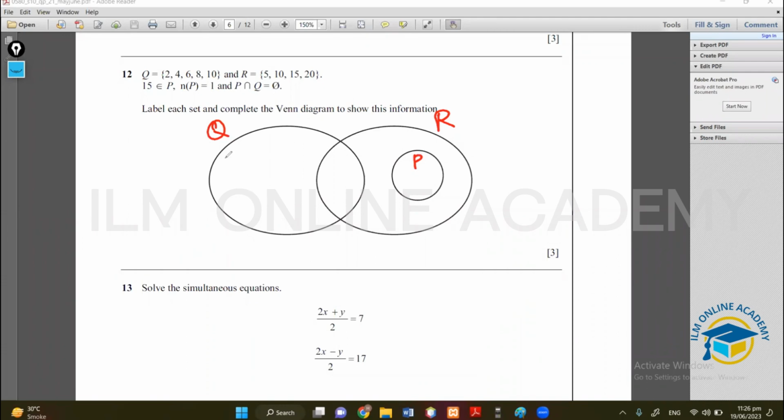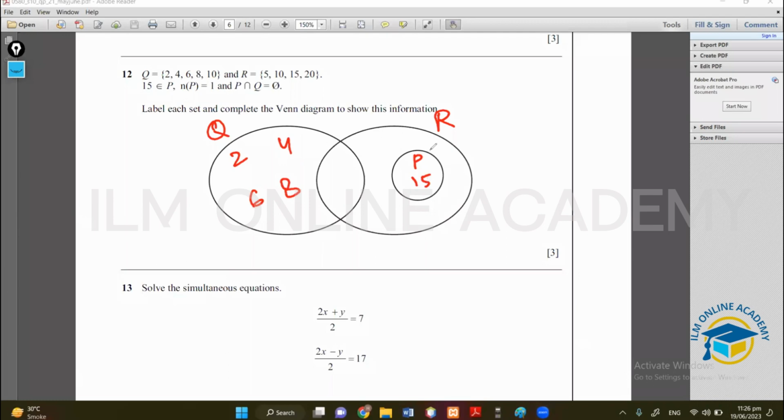Okay, so Q has elements 2, 4, 6, 8. I'm not writing 10 right now, and I'll tell you why. And they have already said that 15 is part of P, so I am writing 15 here.